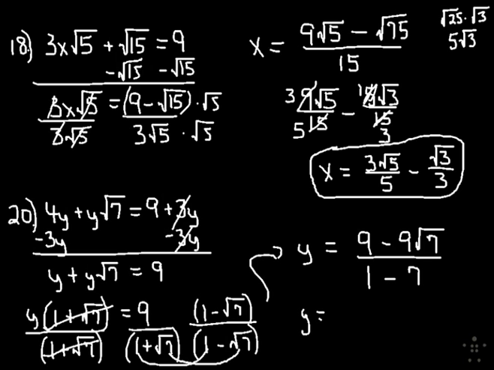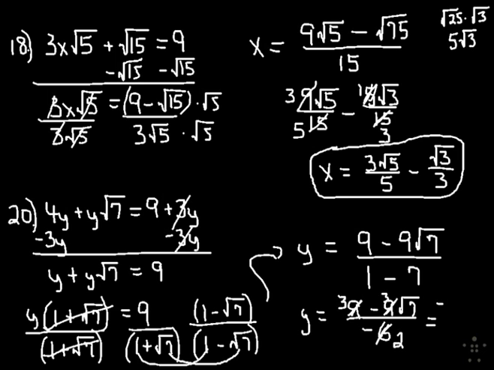So y is equal to 9 minus 9 square root of 7 all over negative 6. And then we would put the negative sign in the numerator by switching all the signs and then do some canceling. Alright? So 3 goes into 9 3 times, and 3 goes into the 6 twice, and change the signs.